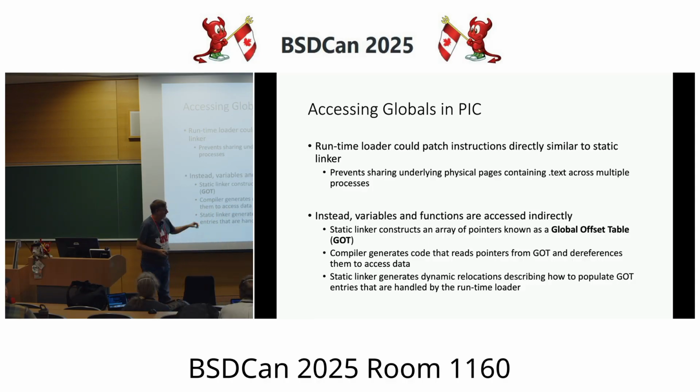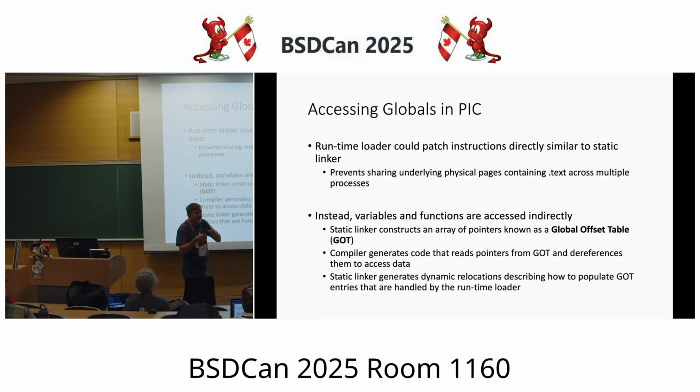The static linker, in addition to merging things that come from object files, also creates out of whole cloth a new array of pointers called the global offset table, or the GOT. It says offset table, but they're really addresses, they're really pointers. And anytime we're going to access a foreign variable, the compiler knows we're in PIC mode, and if it wants to read some variable, instead of trying to read from the address of that variable, it says, well, I'm going to generate a load against a GOT entry to get the pointer, and then I can read the actual variable using the pointer I got from the GOT.